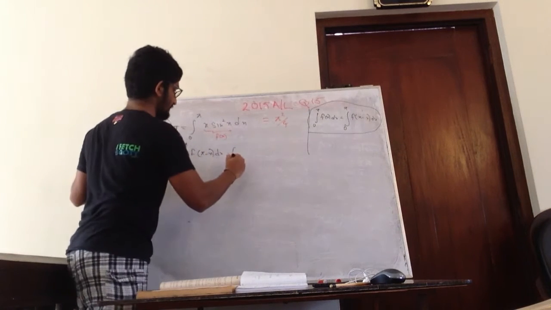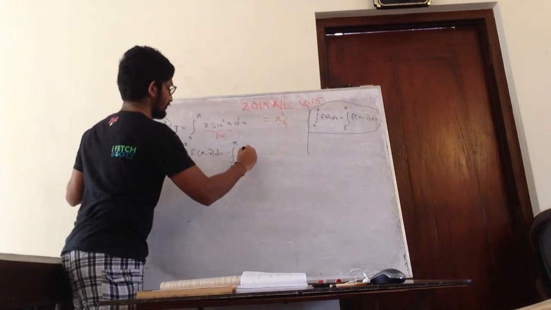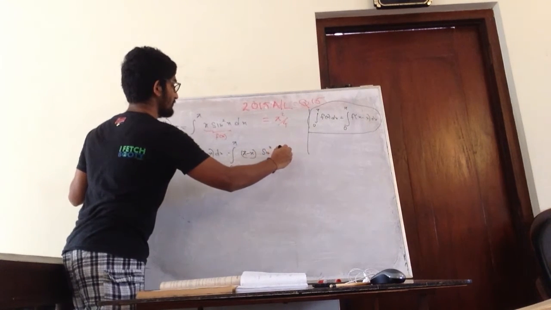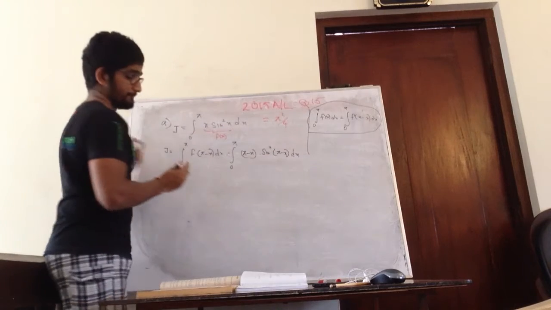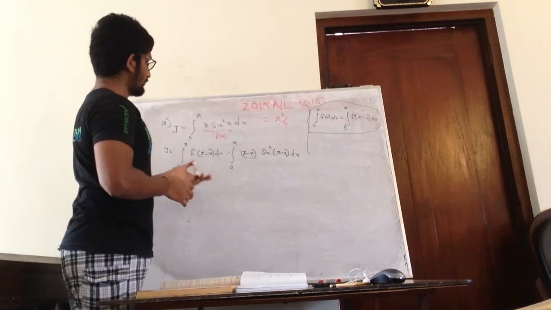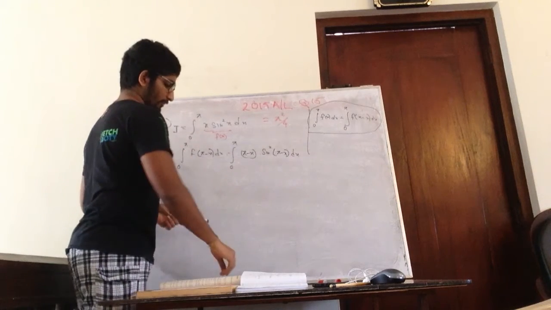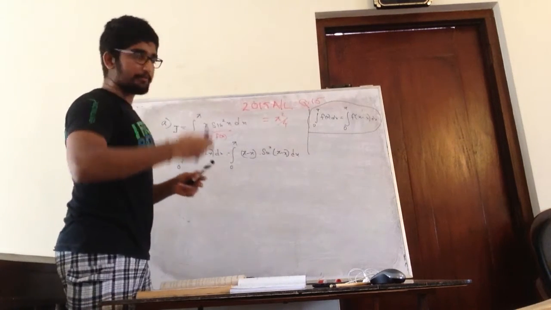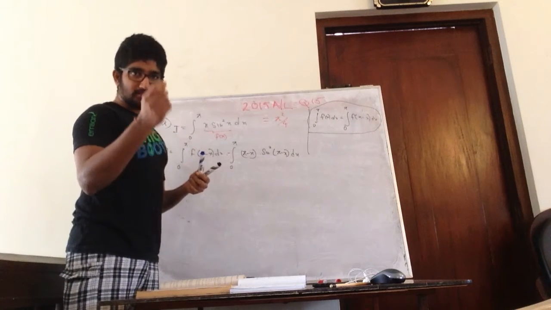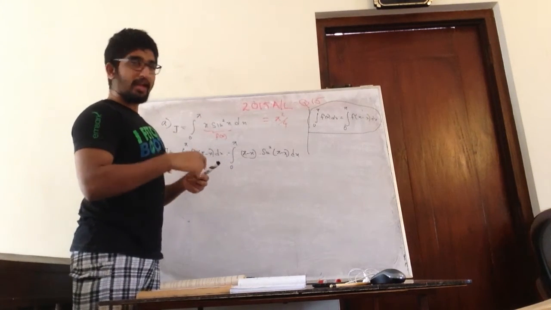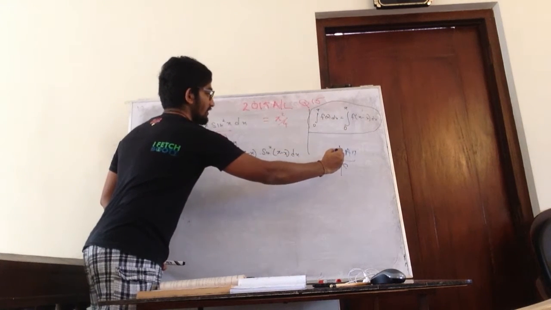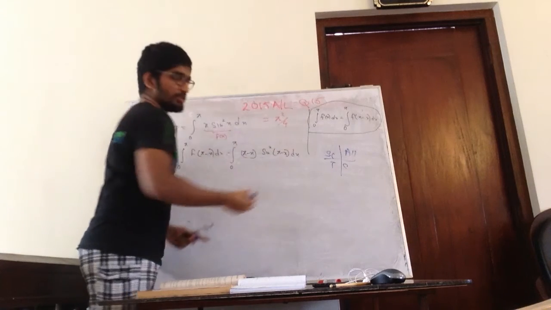That means the integral from 0 to 5 of (5 minus x) sine squared (5 minus x). Now, one thing you all have to recap is what sine of (5 minus x) is. Sine of (5 minus x) is going to be sine x, and it's going to be positive, since 5 minus x is in the positive region for sine.